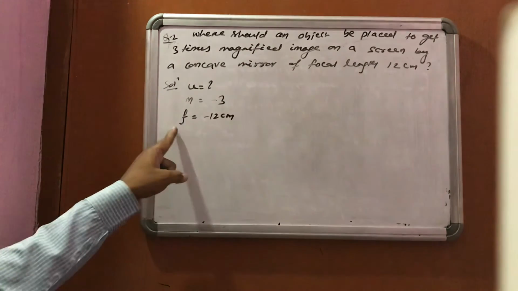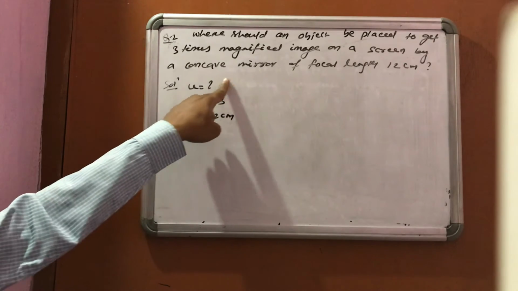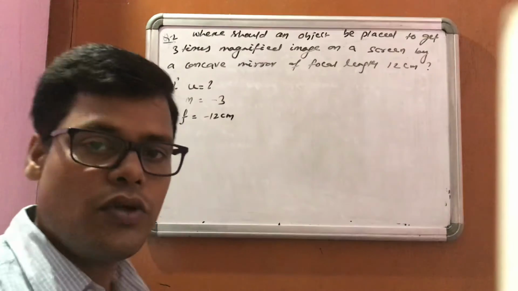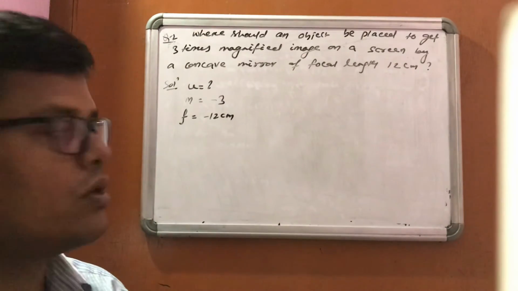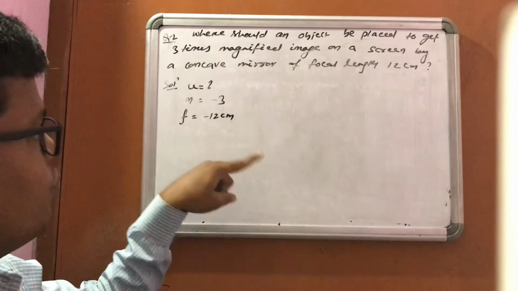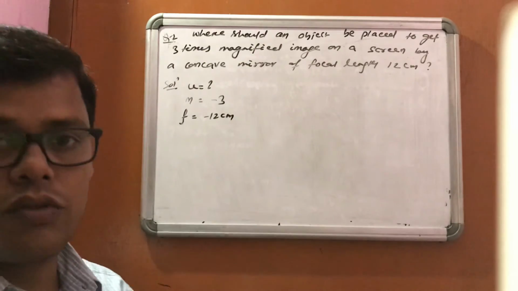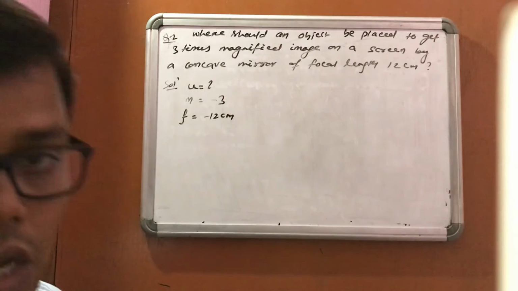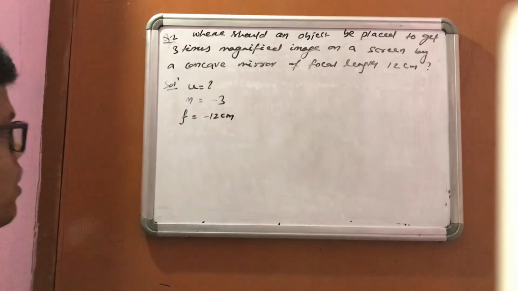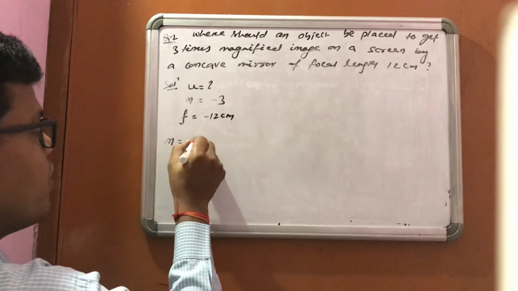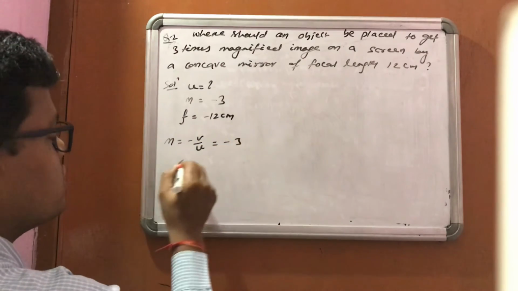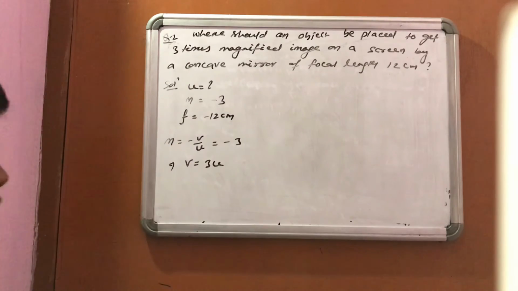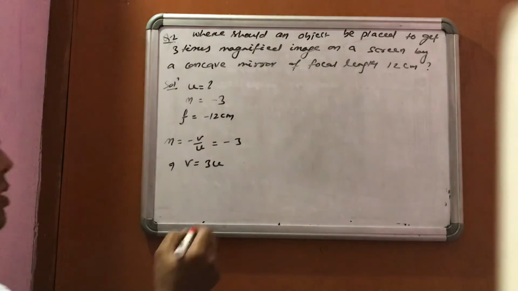So here only F is given, neither U nor V. The mirror formula is 1 by V plus 1 by U equal to 1 by F. There are 2 unknown factors, one is U, another is V. So first of all you have to relate them so that we can eliminate one unknown variable. Magnification is equal to minus V by U, which is minus 3. Minus minus cancel, so V is equal to 3U. This is one relation which can be used.